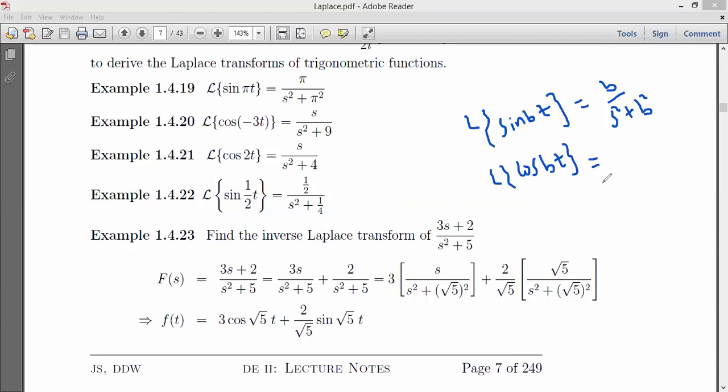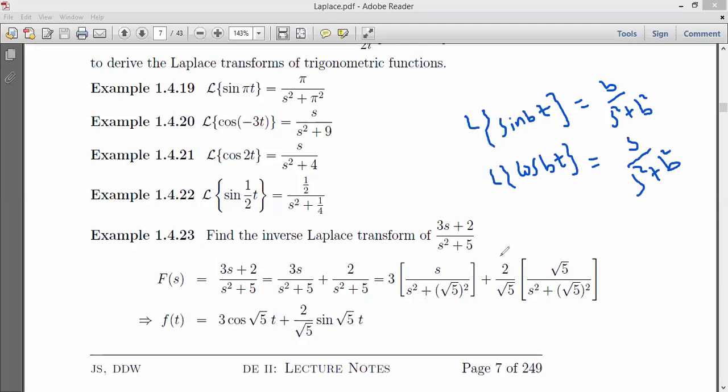This one has already given us s over s squared plus b squared. Okay, so if this is the case, now here, what are we looking for, guys?